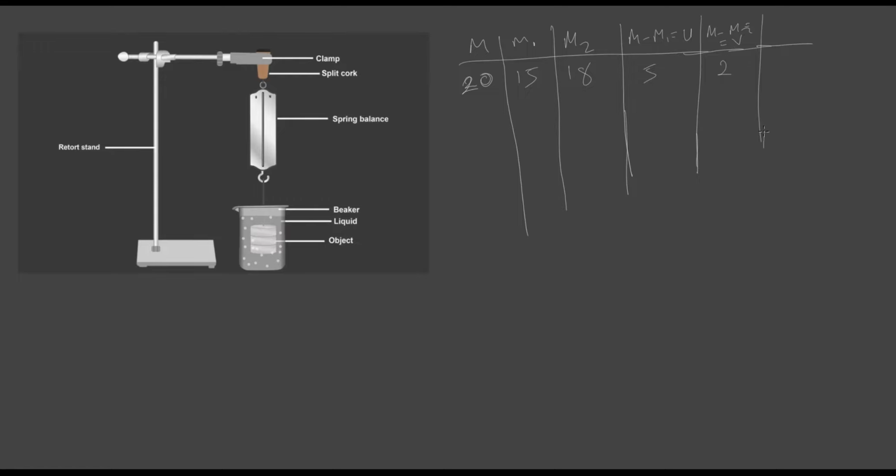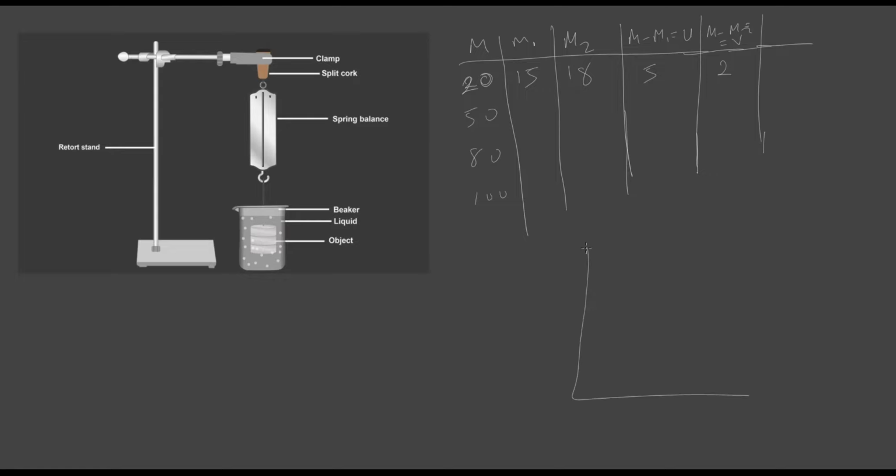Then with all of these values, you'll be asked to repeat this experiment with different values of M. So let's say the first value is 20, the next value might be 50, the next value might be 80, the next value might be 100 grams, and so on. Then you'll be asked to get corresponding values of M1, M2, U, and V. Now, after all of this, what do you think will be the nature of the graph?